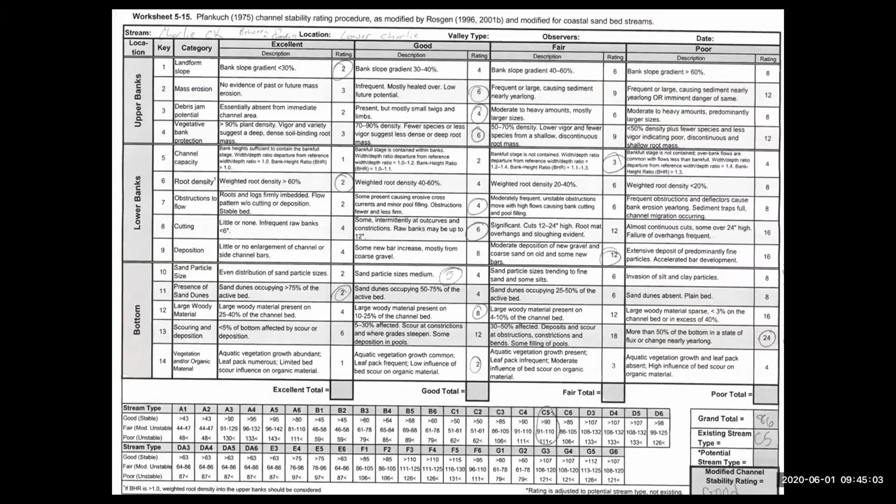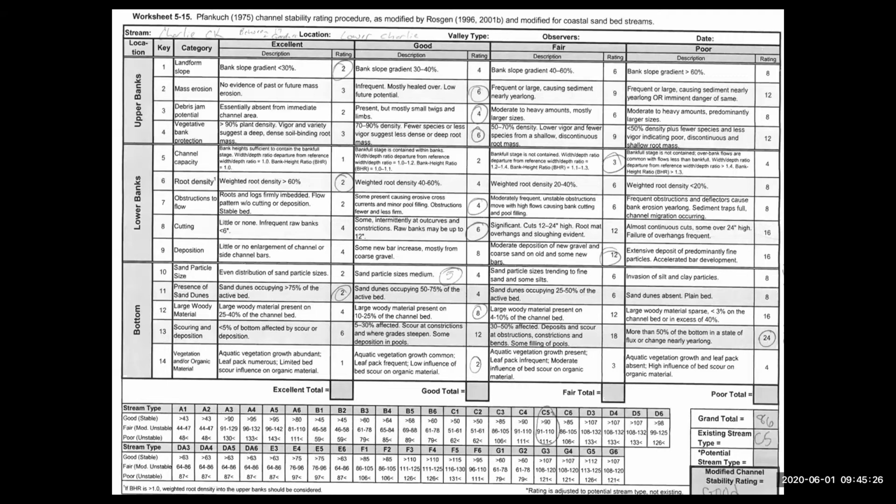So there's a lot of material on here. This is the Pfankuch channel stability rating, originally put together by Pfankuch in 1975. However, Rosgen altered this for coastal sandbed streams, more fitting to the Peace River, of course. Basically, it divides the river into 3 segments: the bottom, lower banks, and upper banks.